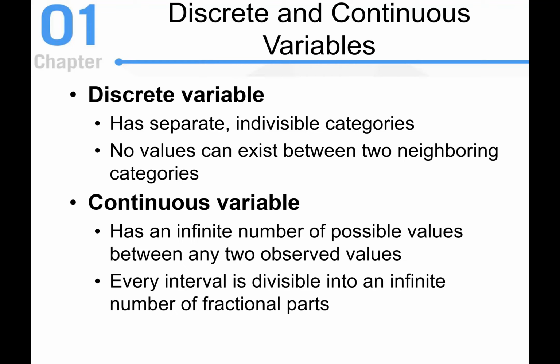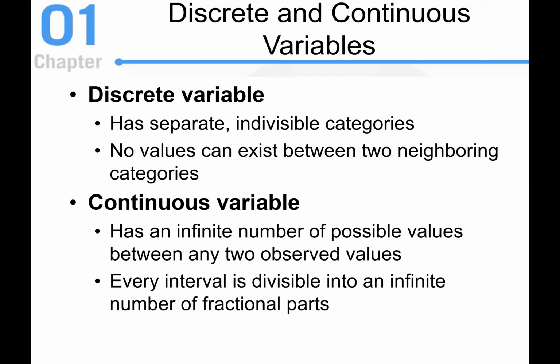Either you have blue eyes, or you have green eyes, or you have brown eyes. You don't have both. And there's no middle value between those eye colors. You have one or the other. That's a discrete variable.